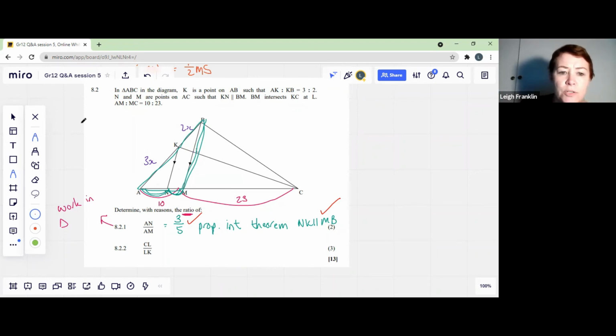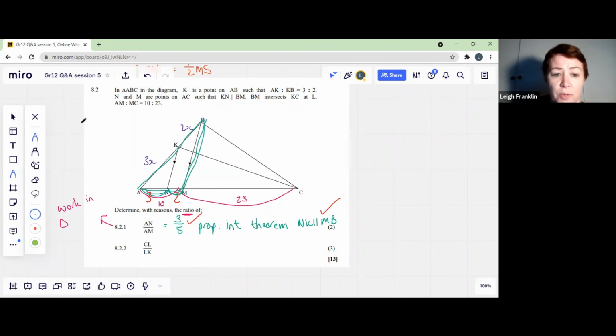Okay. So if we look at triangle AMB, we know that this side over here is also 3. And we know that this side over here is also 2, but it's not the same. AM is definitely not the same length as AB. We can see that AB is a lot longer.